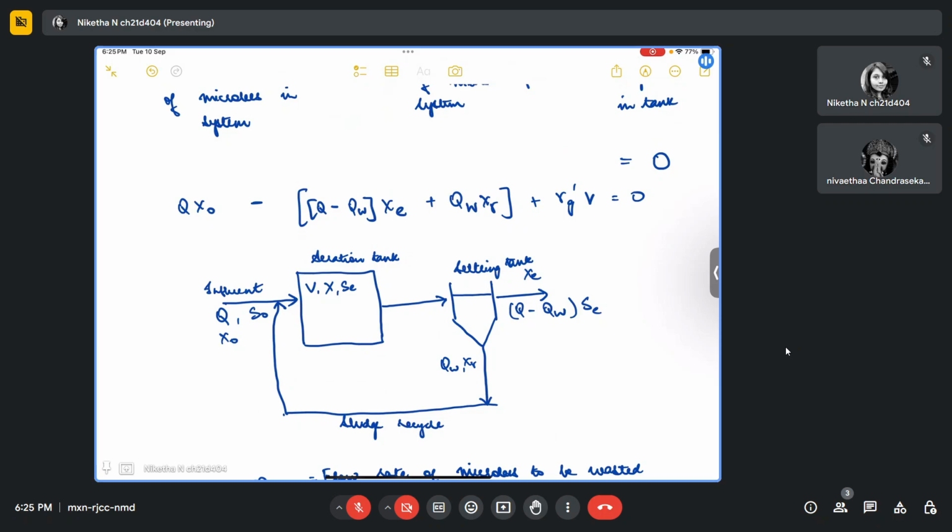So whatever is coming in the inlet, minus whatever is getting taken to the effluent, plus whatever is getting recycled, plus the rate of growth, is going to be equal to 0.